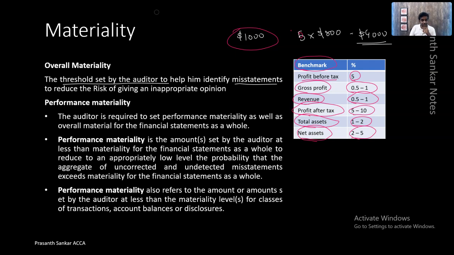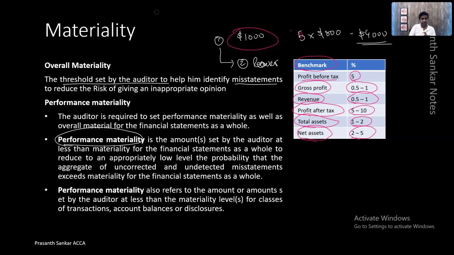To identify such cases, the auditor will establish the first level of materiality, and then a second level of lower materiality. That is called performance materiality. The overall materiality, the $1,000 as I told you as a ballpark number, is for the entire financial statement, which means if there is a mistake in revenue and a mistake in expenses, all of them added together will be checked against this $1,000.